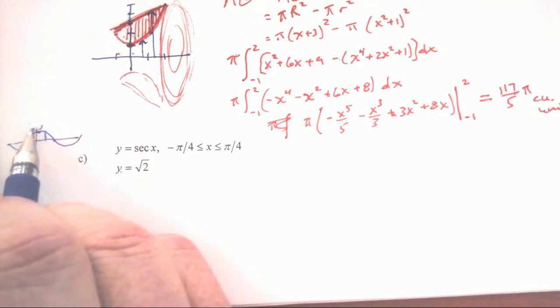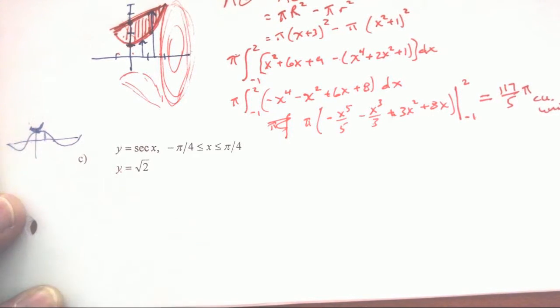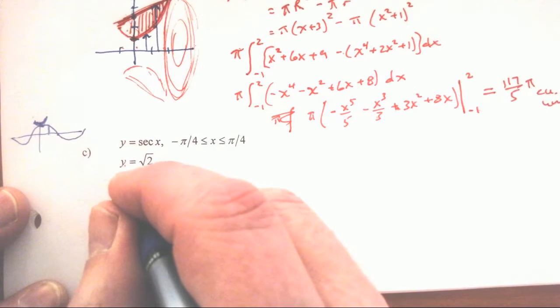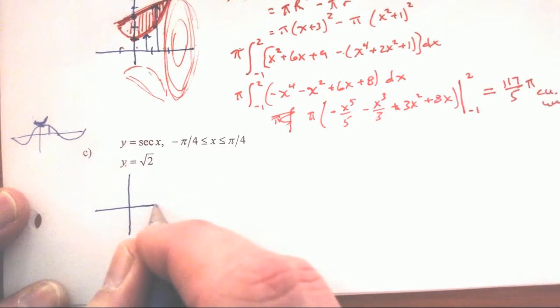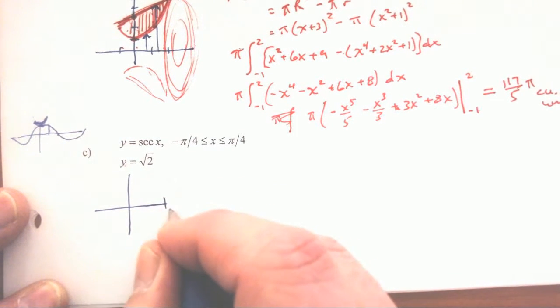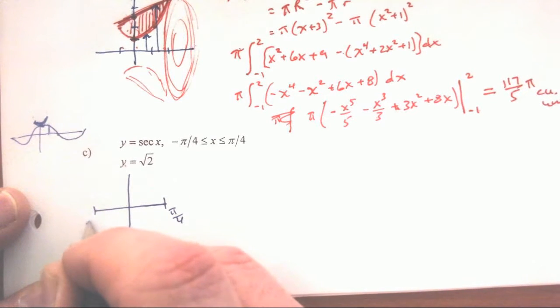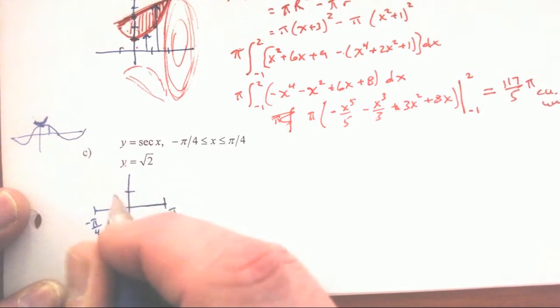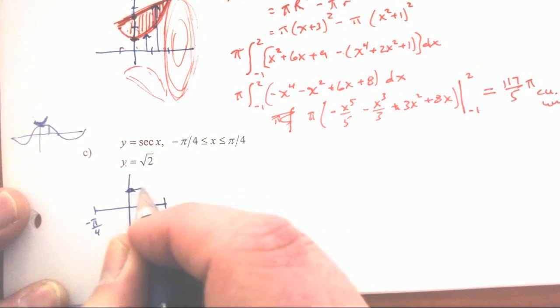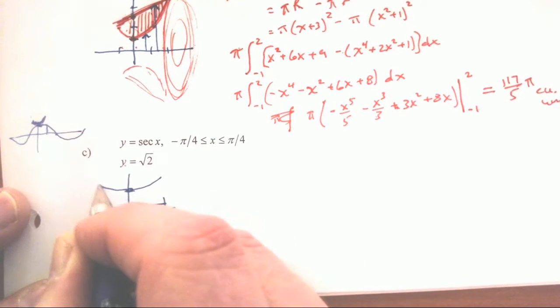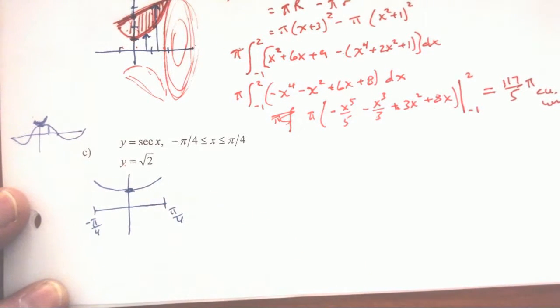So this is the portion of secant we're dealing with, right up here. So I'm going to draw that. We're pi on 4, -pi on 4, at 1. We're just starting our ascent. We haven't reached the asymptote yet.